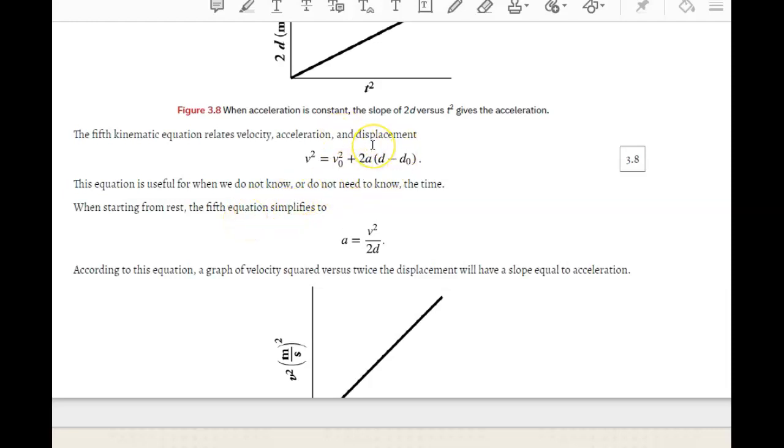So this is when it doesn't have the time. Now if you start from rest, v0 goes out of the way, and d0 would be 0. So you're left with v squared equals 2ad. And just to confuse you, the book rewrites the equation as a equals.